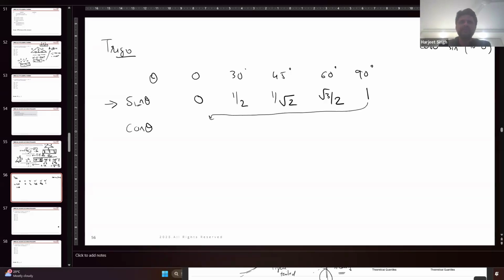Just flip the order. So cos 0 is 1, cos 30 degrees is root 3 by 2, 45 degrees is the same, cos 60 degrees is half, and cos 90 is 0. Just reversing this order.